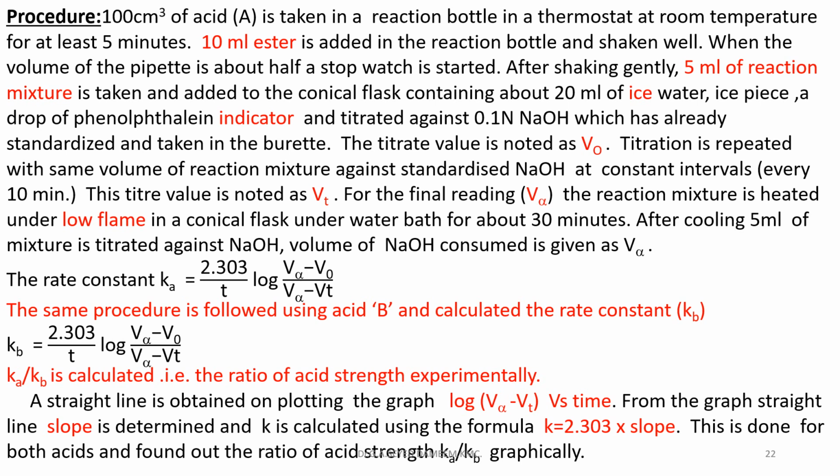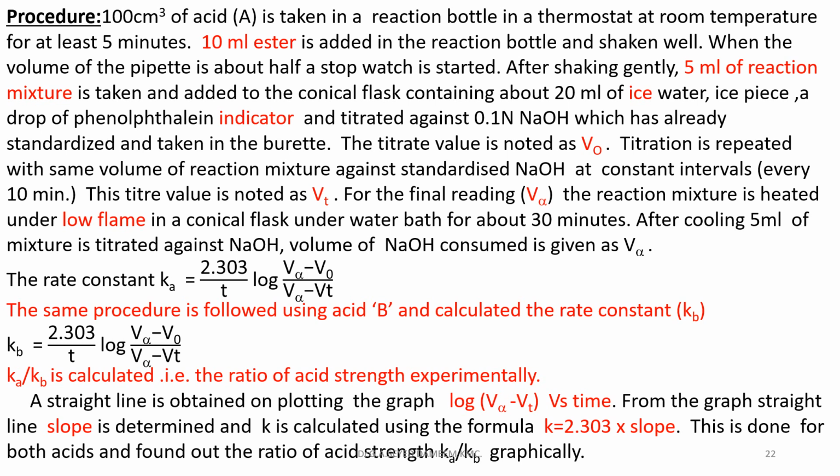When the pipette is about half drained, a stopwatch is started, and this is the zero time. Immediately after draining the ester into the bottle, the reaction mixture bottle is shaken gently, and immediately 5 ml of reaction mixture is taken in a conical flask which contains some pieces of ice and water, and phenolphthalein indicator.